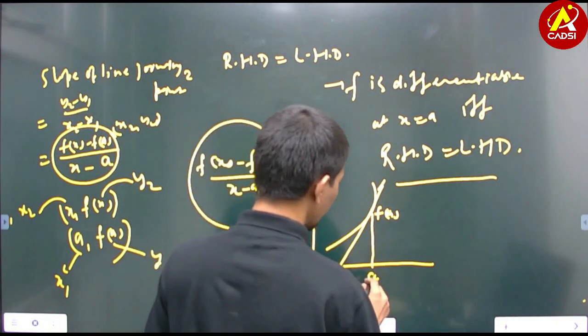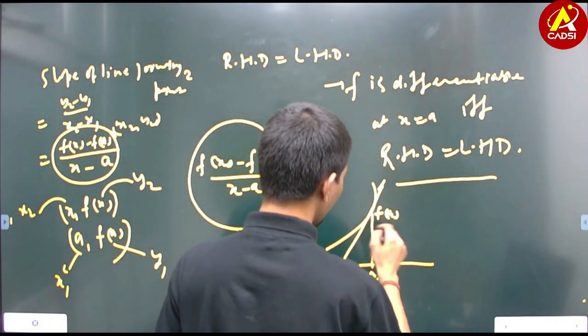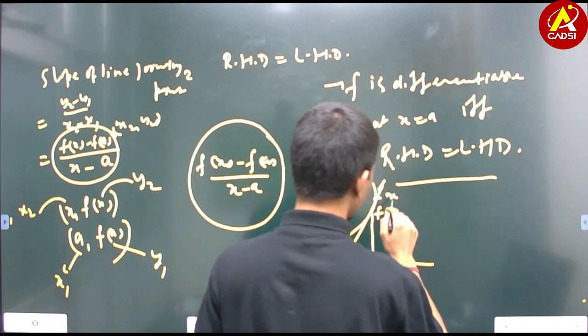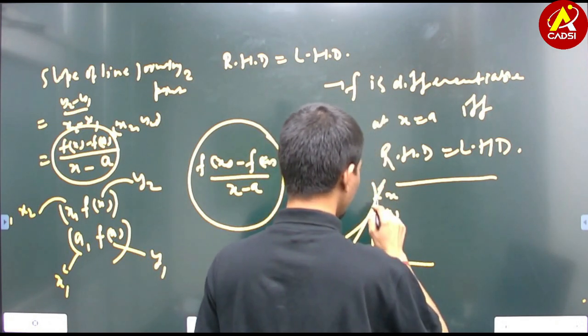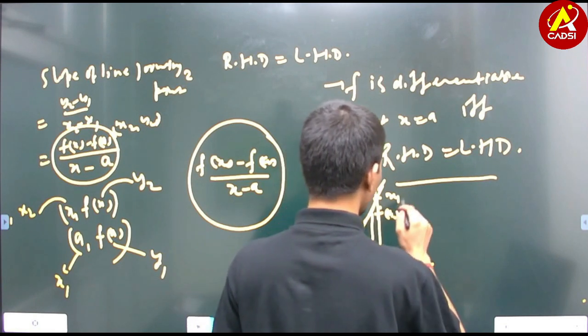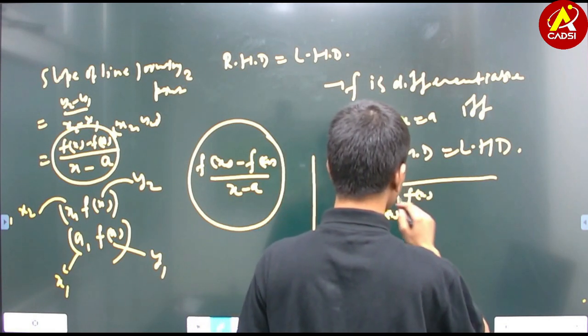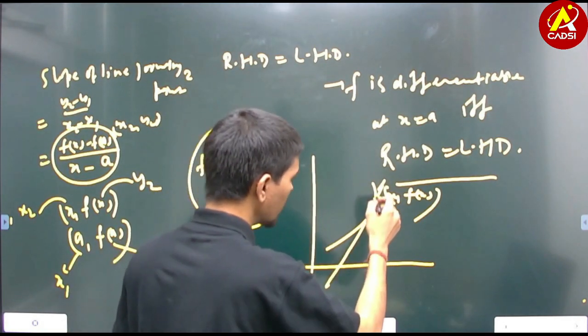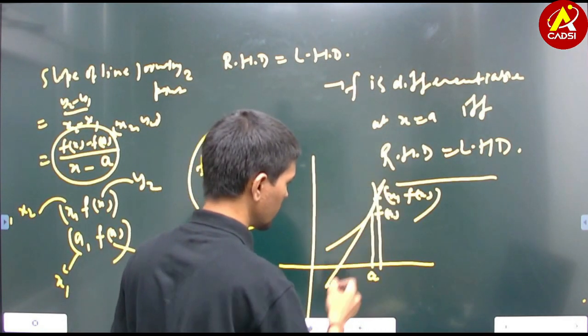One point is (a, f of a), and another point is (x, f of x), because these two points lie on this line.